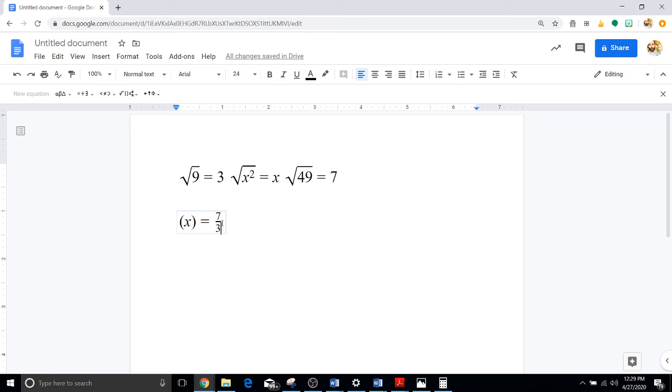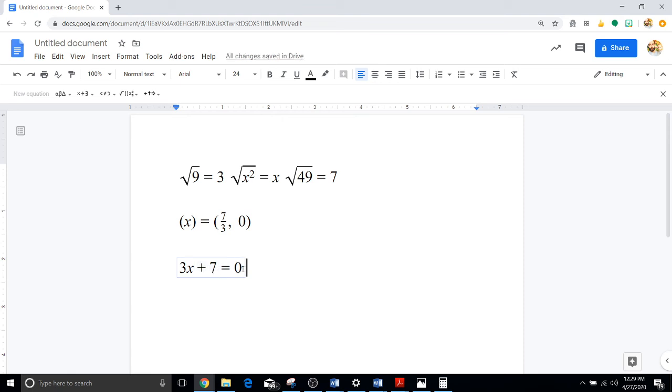So our first x-intercept is going to be 7 over 3, comma 0. There is our first x-intercept. All right, second x-intercept we had was 3x plus 7 equals 0. So in this case, we're going to subtract 7 from both sides.